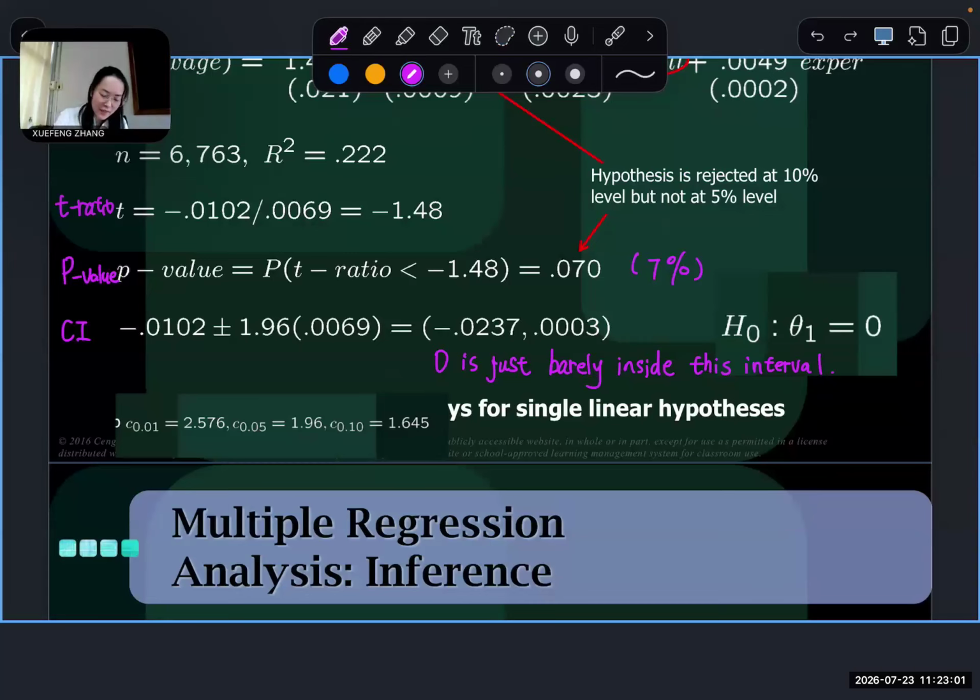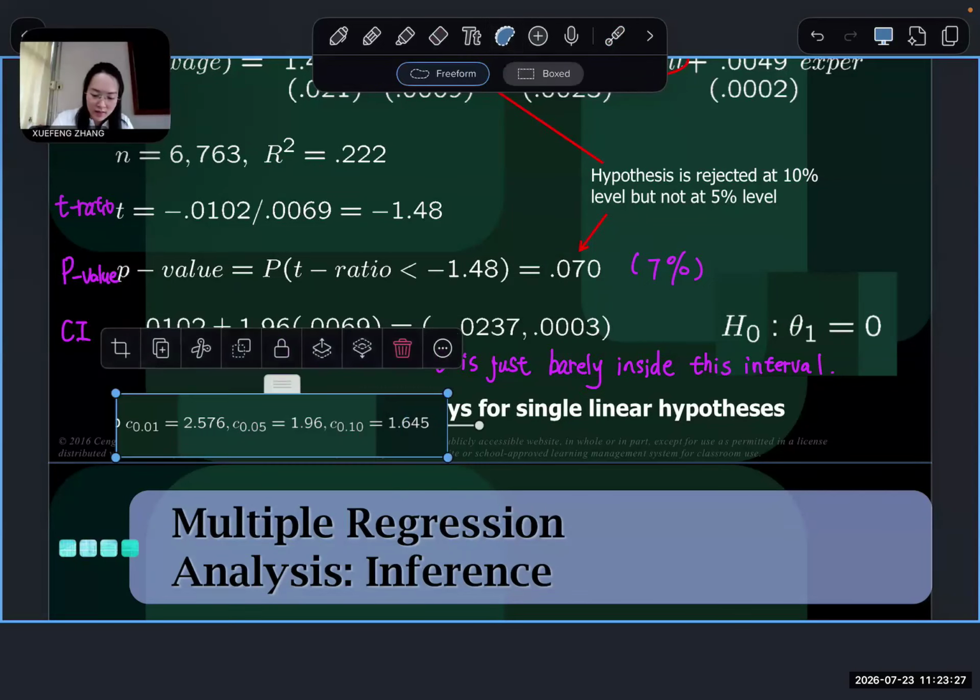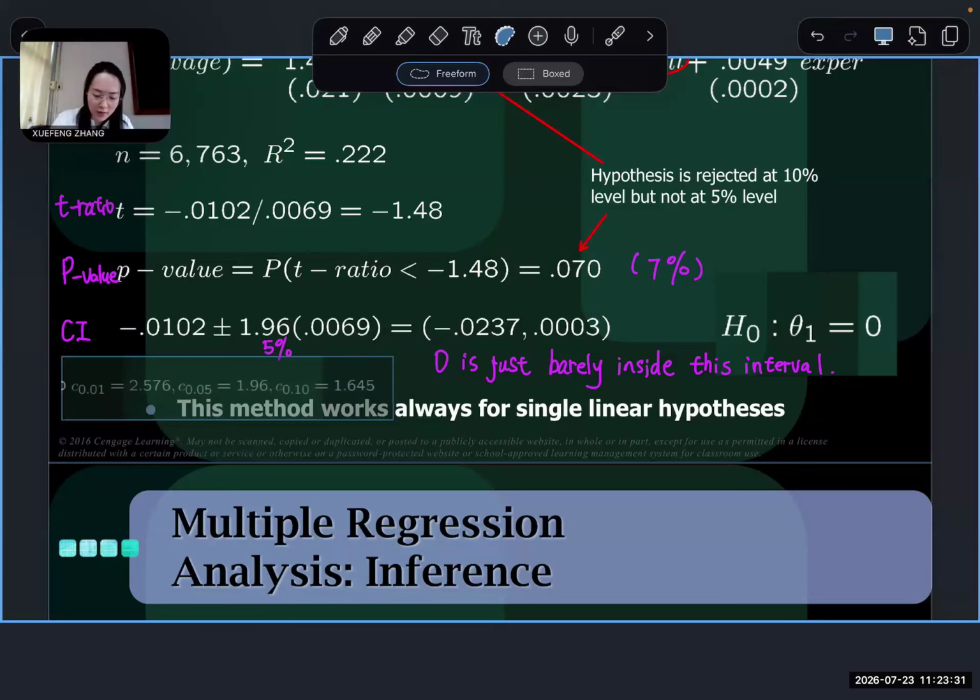This confidence interval is calculated based on the 5% significance level. That's why in this case, 0 is still inside this interval, which means we cannot reject the hypothesis at 5%, but we can reject it at 10%. Okay? So be careful which significance level.